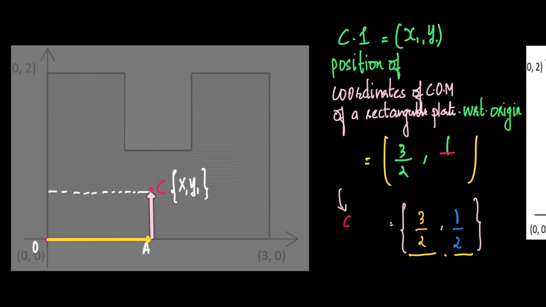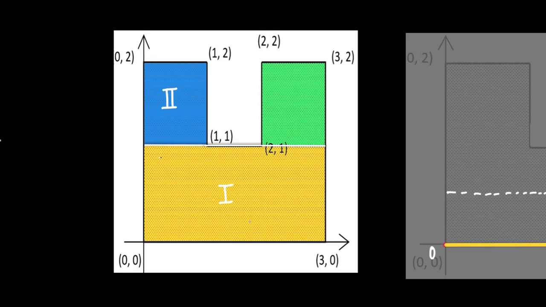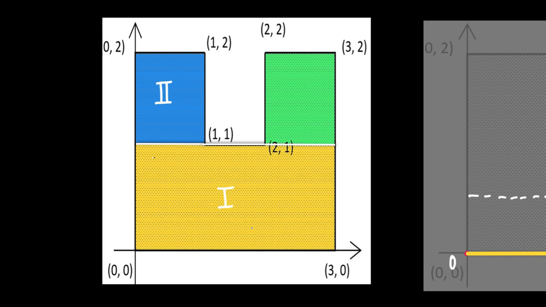I know things are a bit confusing here. Yes, because we're doing it the first time. From the second figure onwards, things will become very clear to you. Okay, so what did we do so far? We found out the coordinates of the center of mass of the first figure, x1, y1, with respect to the origin.